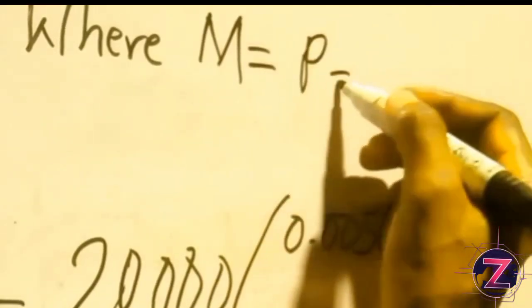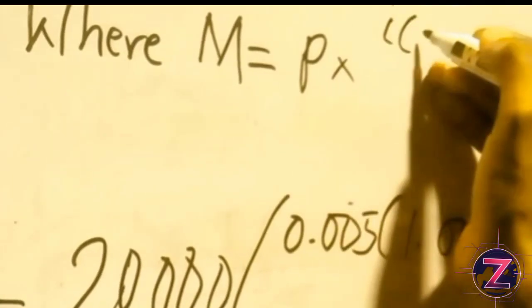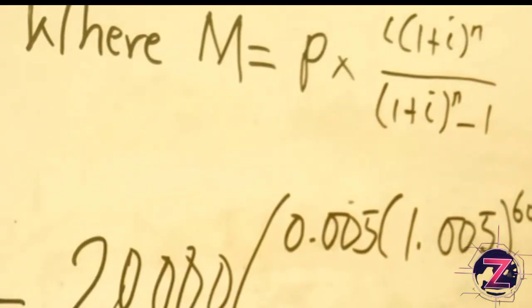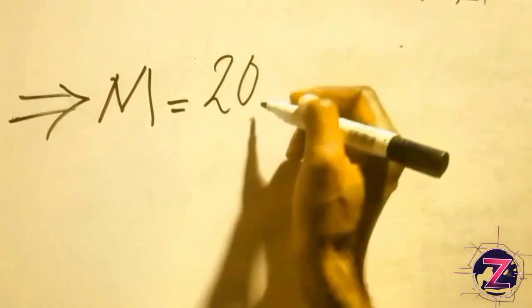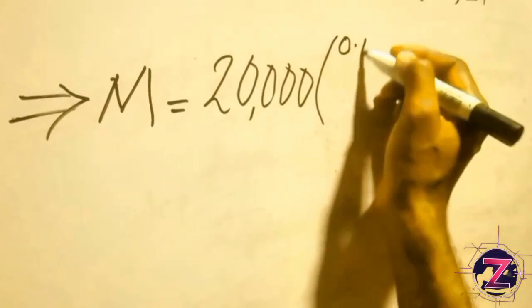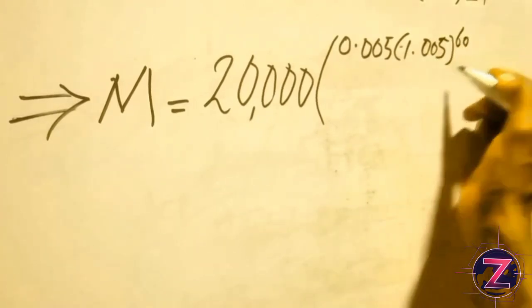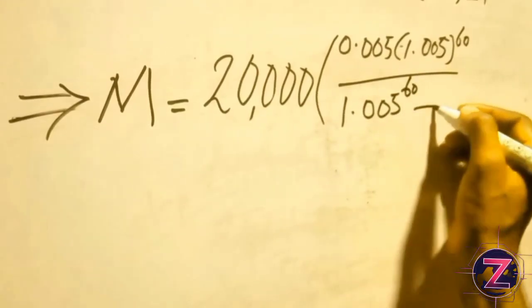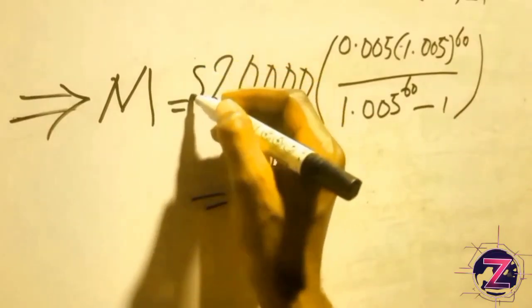So recall that our M is equal to P times [I(1+I)^N] over [(1+I)^N minus 1], which implies that M is equal to 20,000, which was the loan principal amount, multiplied by [0.005 times 1.005 raised to the power of 60] all over [1.005 raised to the power 60 minus 1].